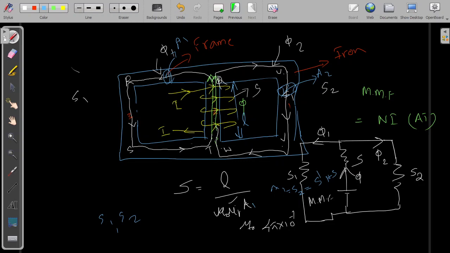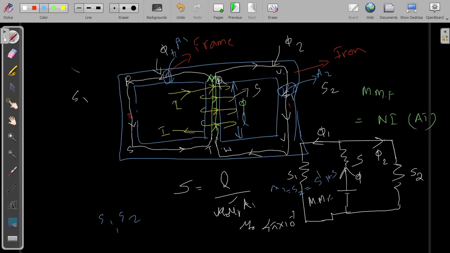So the only parameter differing is L, the length. So S1 and S2 will be equal, and that is equal to S dash, but it cannot be equal to the S value.